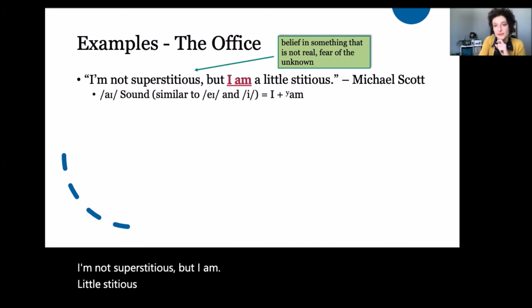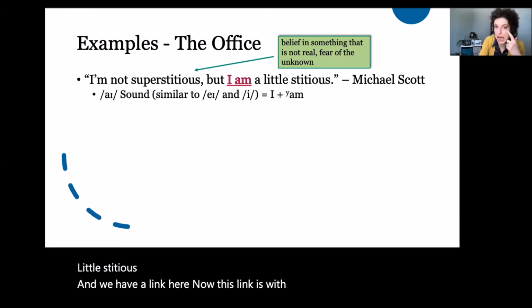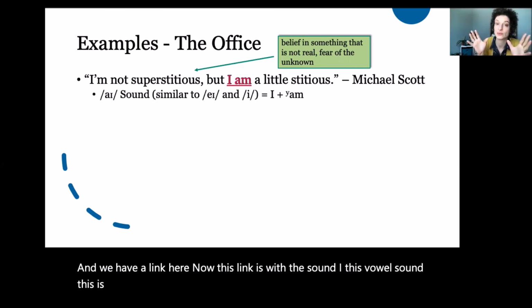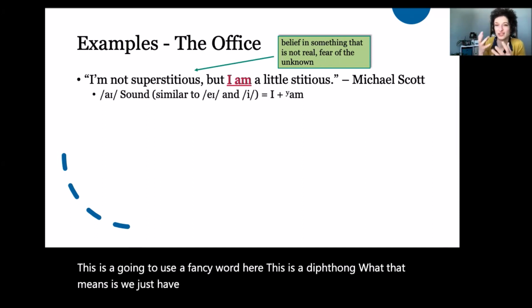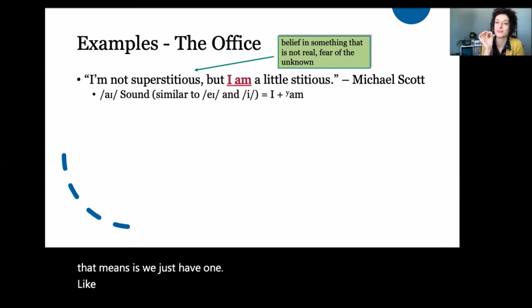And we have a link here. Now, this link is with the sound I, this vowel sound. I'm going to use a fancy word here. This is a diphthong. What that means is we have two vowel sounds coming together. Your tongue moves within one vowel sound.